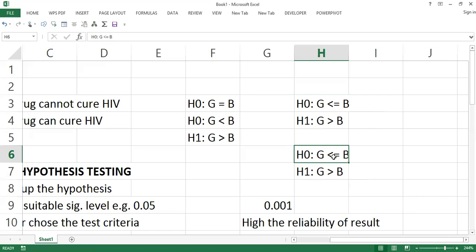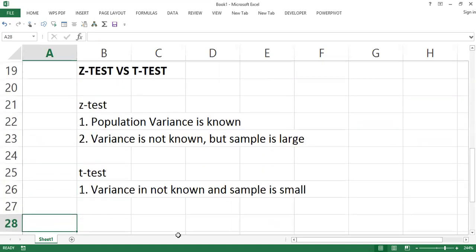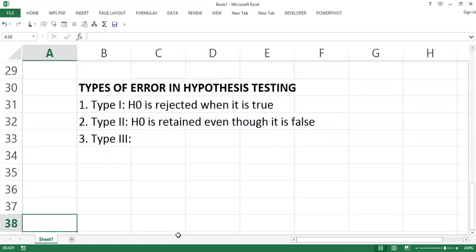Let's say you are supposed to set up your hypothesis a certain way, and you don't do it like that. That will lead to a type 3 error. So it happens when the hypothesis is wrongly set up. That's a very, very grievous error because it's like you are just firing in the wrong direction entirely.